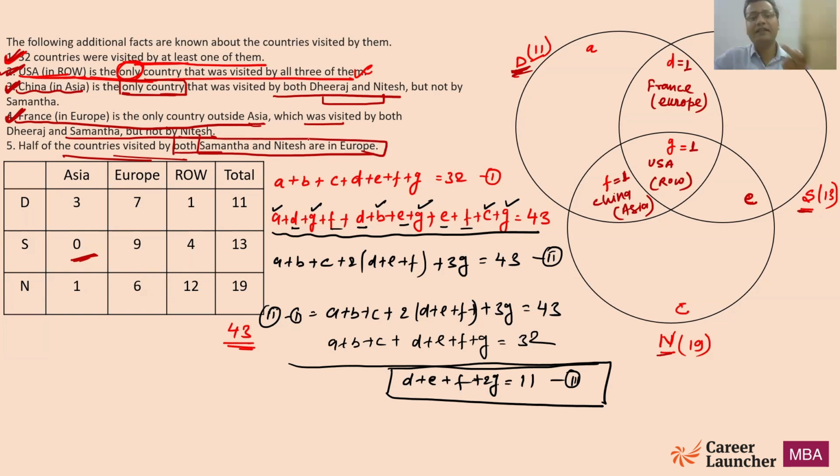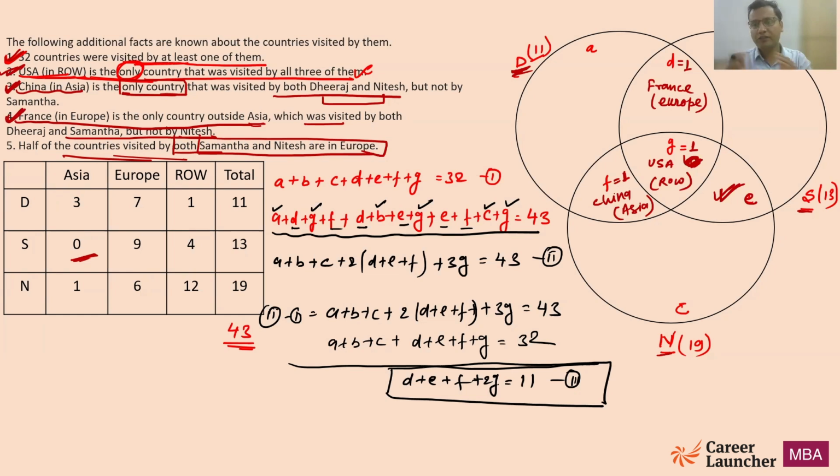Is it only Nitesh and Samantha? So can I say this region represents the number of countries visited by Samantha and Nitesh? But at the same time, can I also say the overlap of all three, the part of G, also represents the countries visited by Samantha and Nitesh, because this is visited by all three of them.